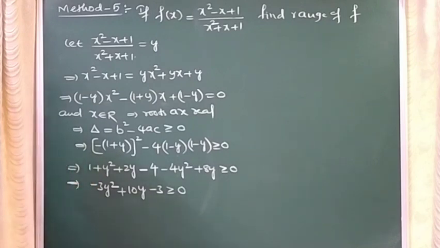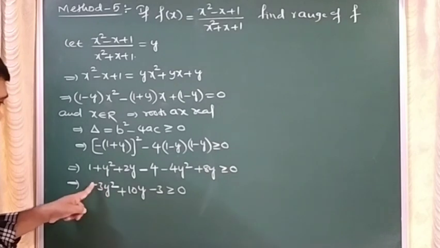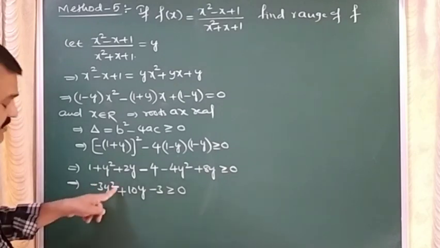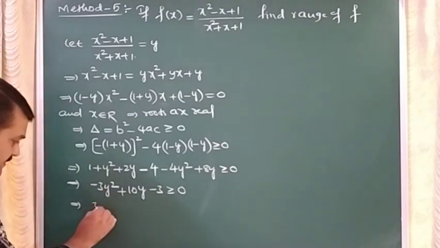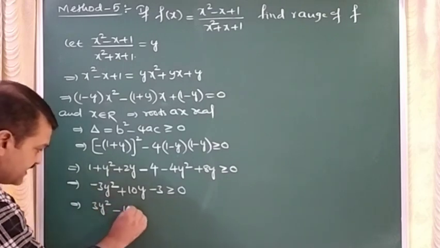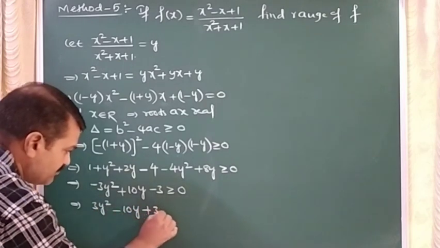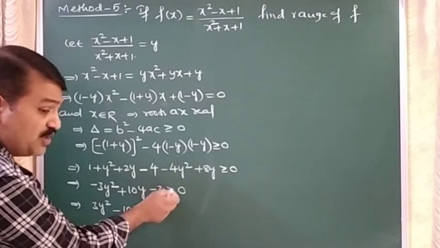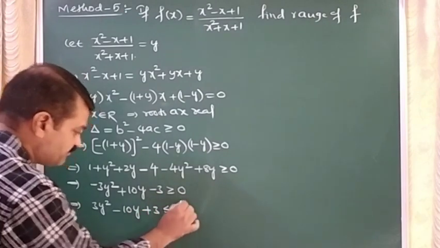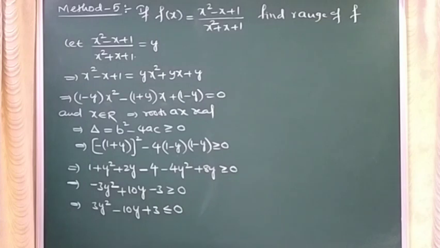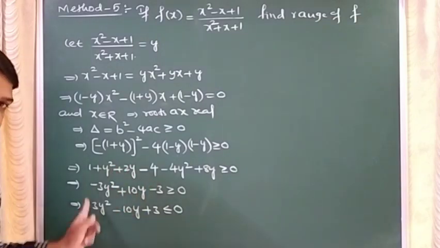I will multiply this with minus because I want this quadratic term coefficient to be positive. So 3y square minus 10y plus 3. Multiplying with minus, this inequality symbol will change. Now I will try to factorize this one.